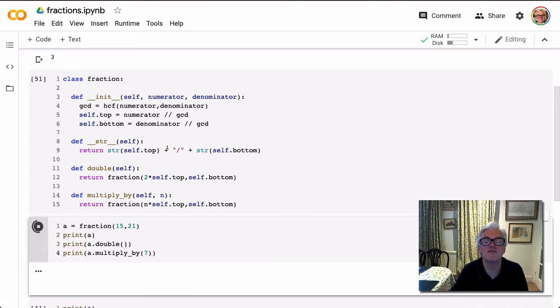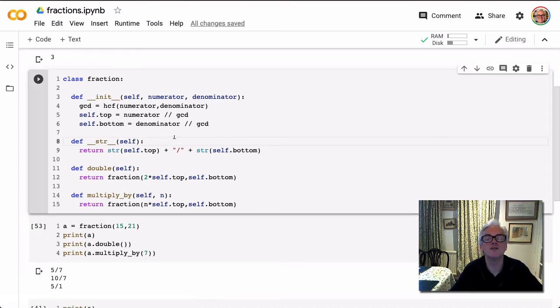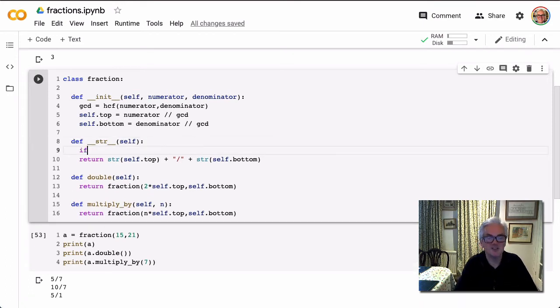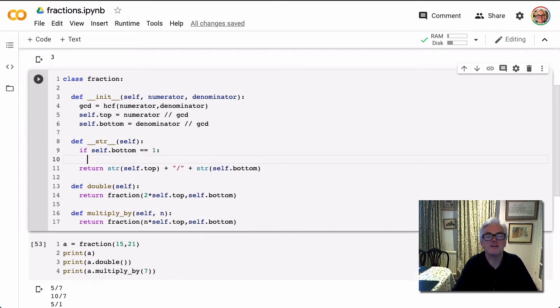You could faff around with this returning thing here. So if we wanted to def the string method here, we could say if self.bottom is equal to 1 exactly, then just return the string version of self.top.